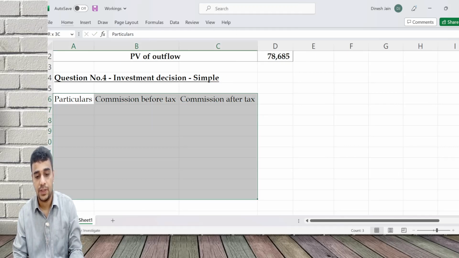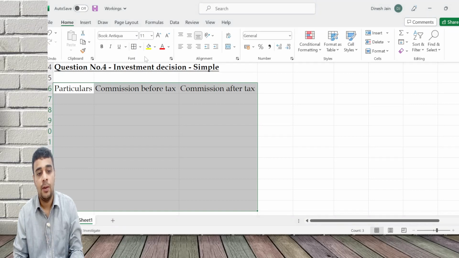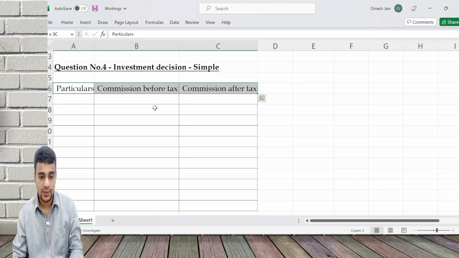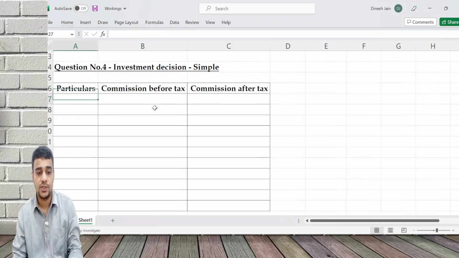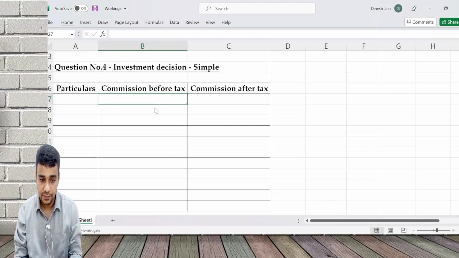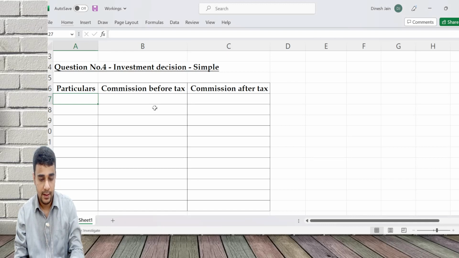Why is it an opportunity cost? Because you are going to lose this the moment you start using this diagnostic machine. So this 12,000 is an opportunity cost. Where it should be subtracted is the only analysis to be done.